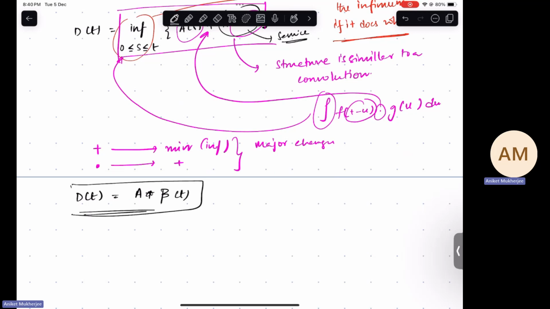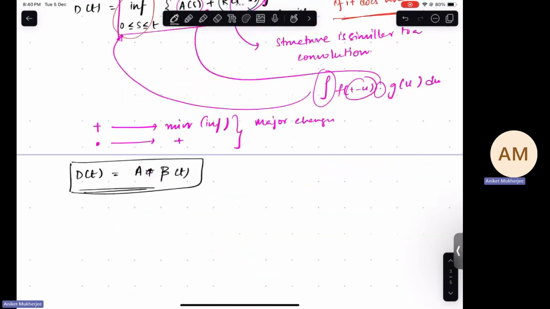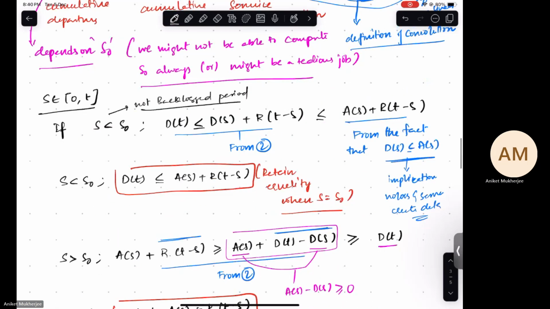So we want this property to be satisfied. So this is all done because now if I have a server which gives me a service called beta, which I know, and if I have an arrival, then I can find the departure process by just using convolution between A and beta. Okay.